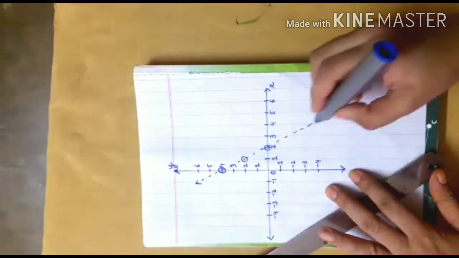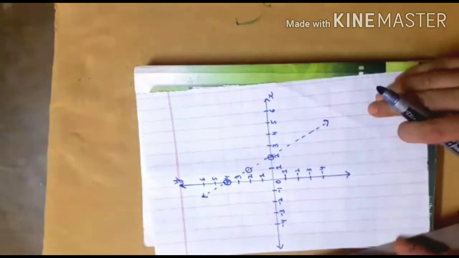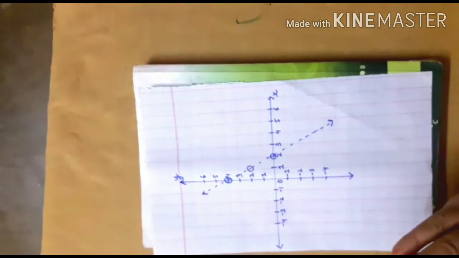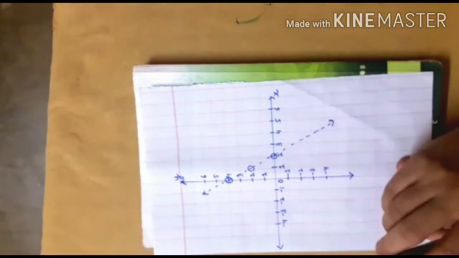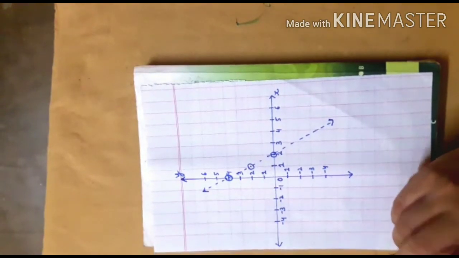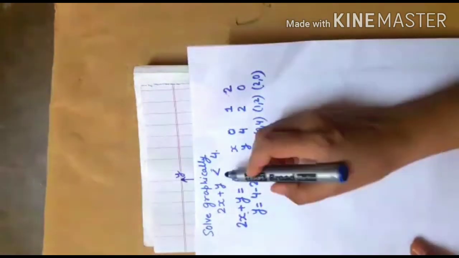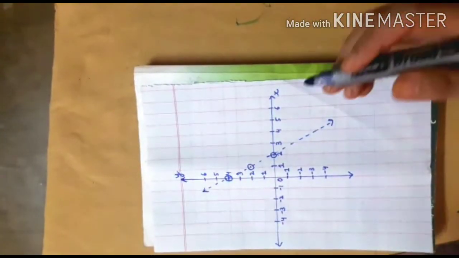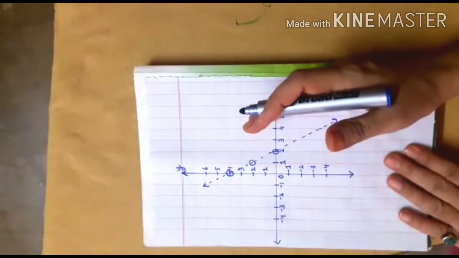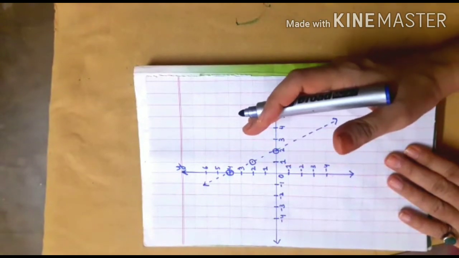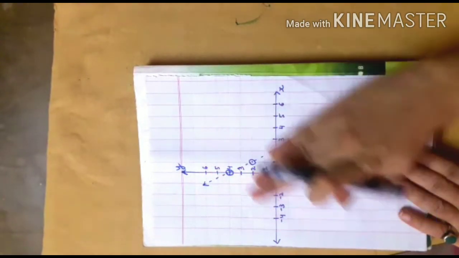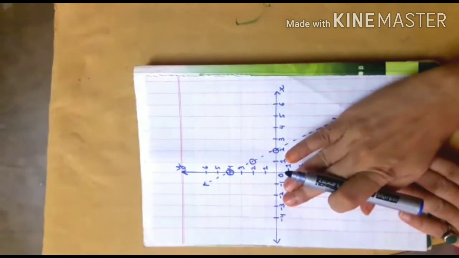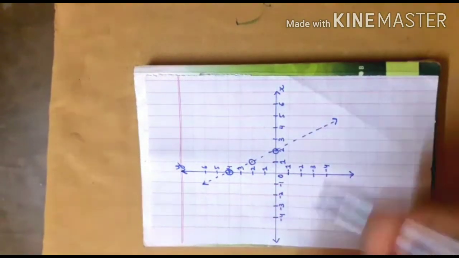A broken line indicates that the points on this line are not part of the solution region because the inequality is strict. Now, I have to find out which part out of these two, this or this, represents our given inequality.